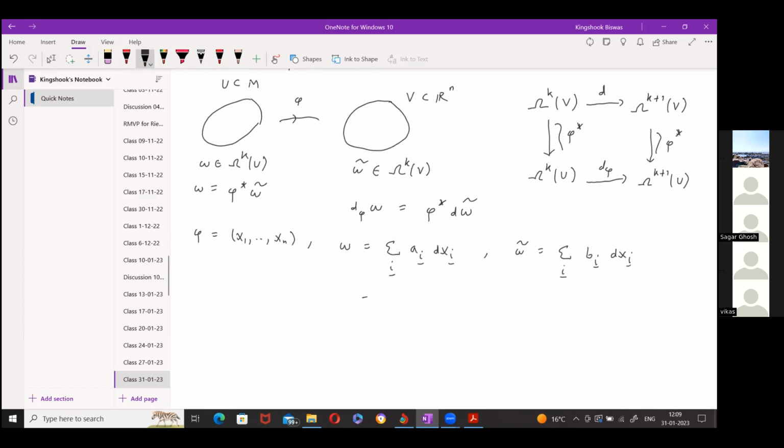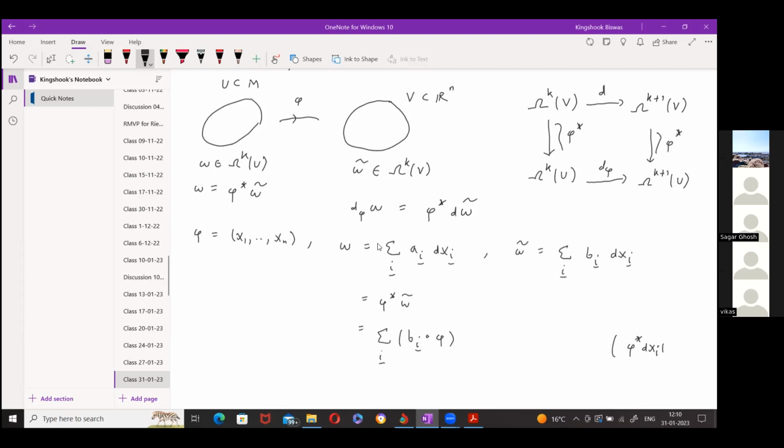So omega is equal to phi star omega tilde. When I pull back this form, this is going to be the sum over I bar of b I bar composed with phi, and when I pull back the coordinate functions on Rn, I will get the components of phi, right? So what is phi star of dxi?